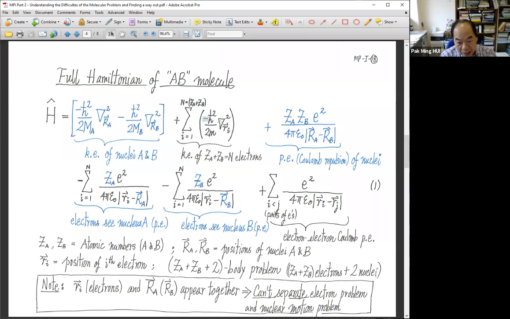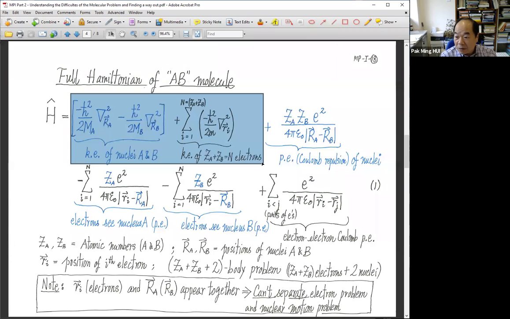So you see this minus Laplacian that has to do with the momentum operator for the electron. This is the momentum operator for nucleus B, and for nucleus A squared, okay? So far, so good. So these are the two kinetic energy terms.